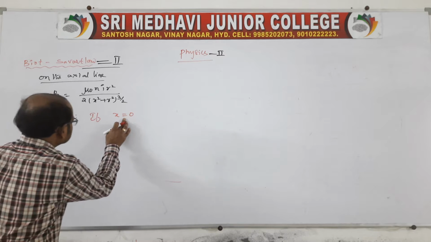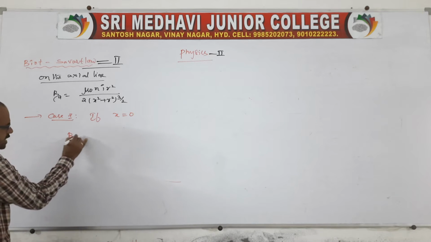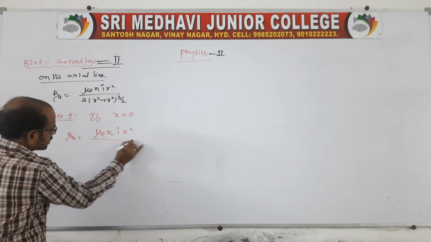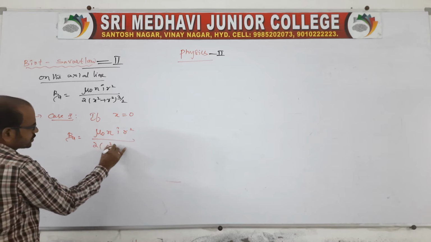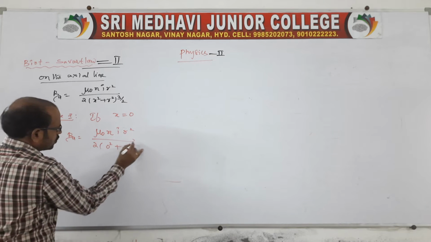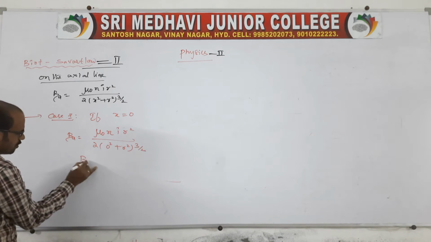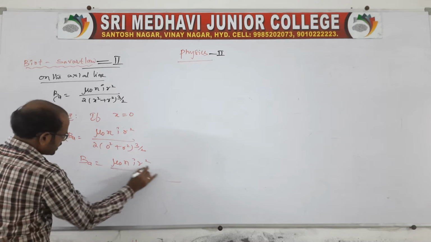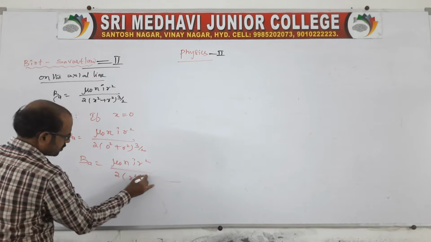If I take x is equal to 0 on the axial line, B_A is equal to mu naught N i R square by 2 into (0 square plus R square) whole power 3 by 2, which is mu naught N i R square by 2 into R square whole power 3 by 2.